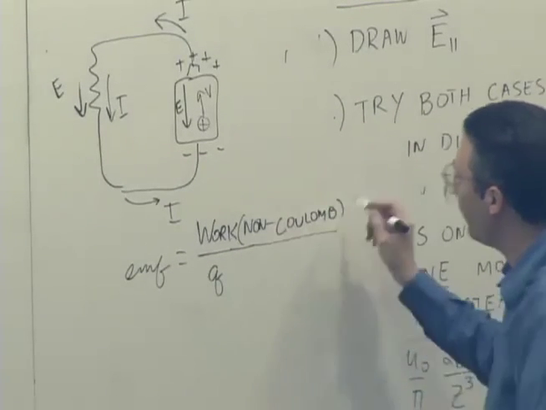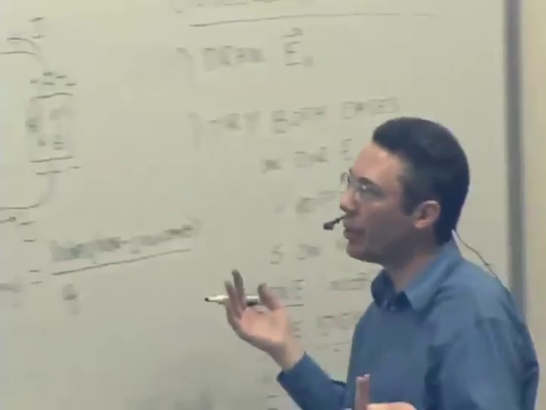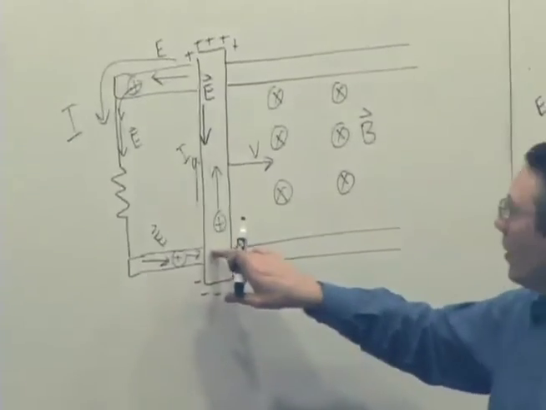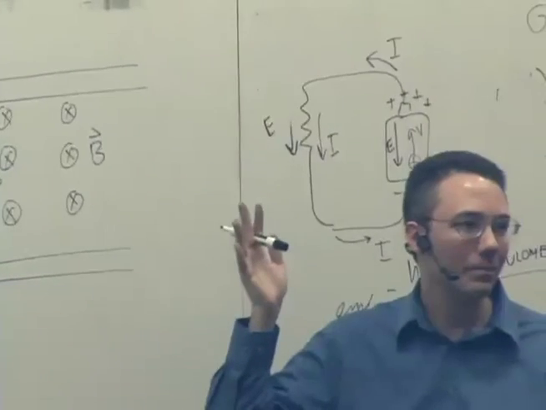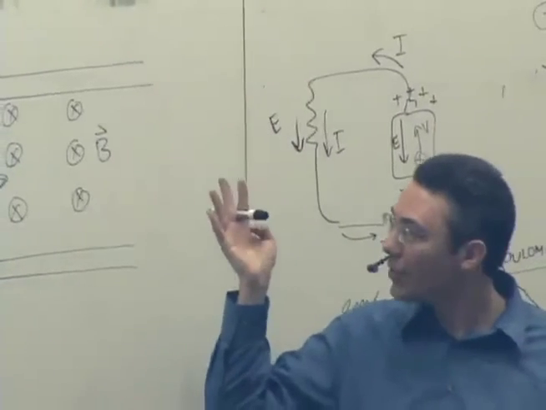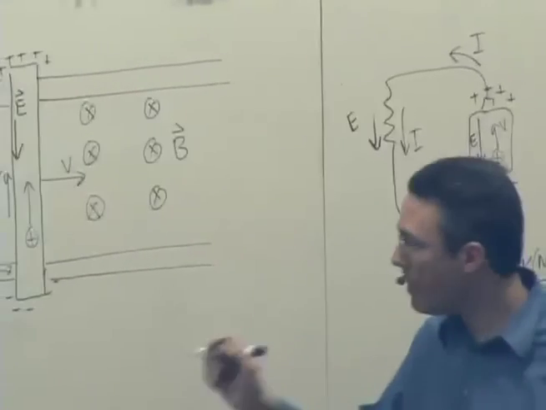In the battery, that's provided by the non-Coulomb, meaning non-electric, not due to static charges. In the battery, that's due to some chemical reaction. In here, what's that due to? What's driving the charges in the opposite direction? The magnetic force, right?